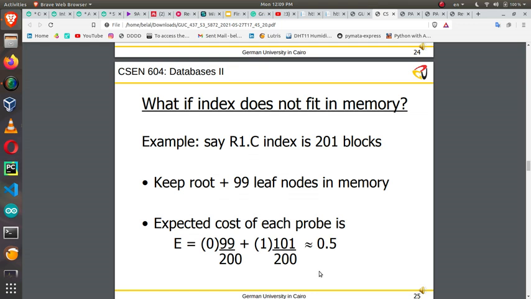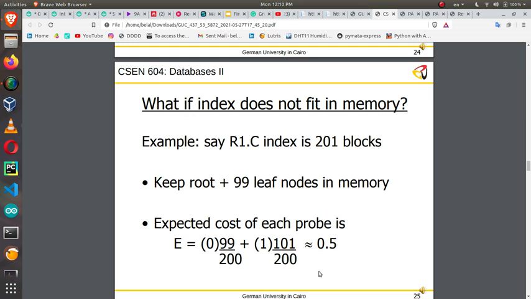And if we hit the part of the index that is not loaded and it's located on the hard disk, then this is not good, because this will cost us an extra 1 IO for each block index. So we have to estimate or predict or expect the cost. Okay, so if the R1.c index is 201 blocks, then we will keep the root node and 99 leaf nodes in the memory.